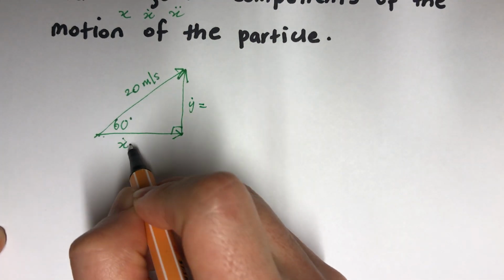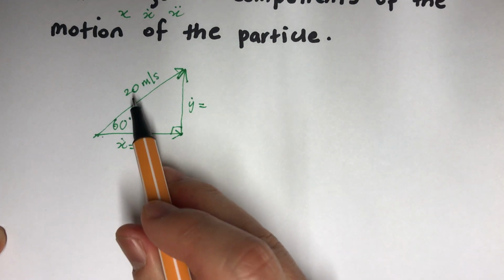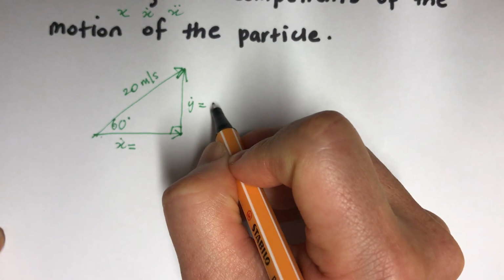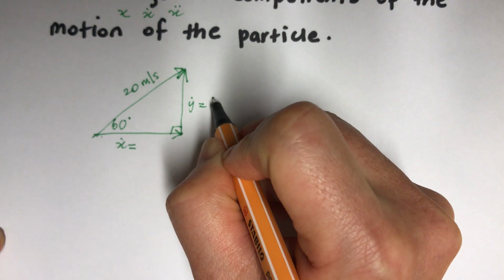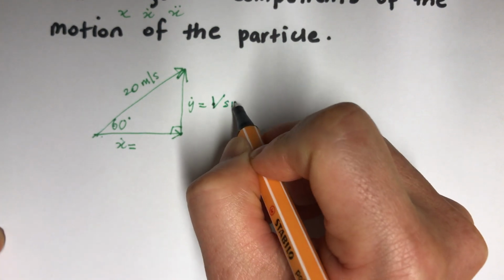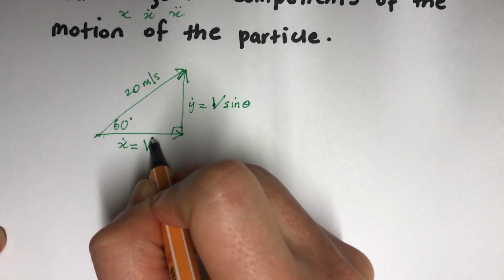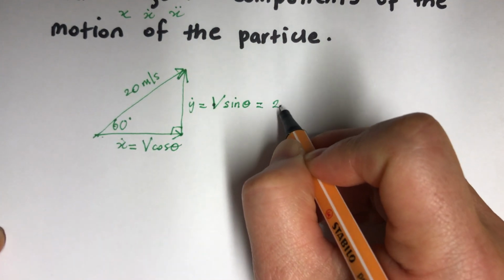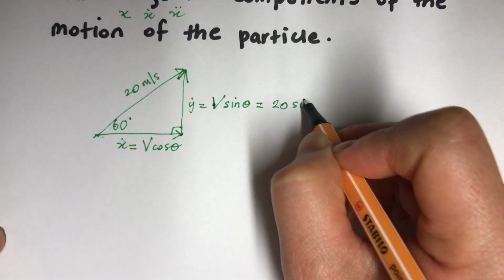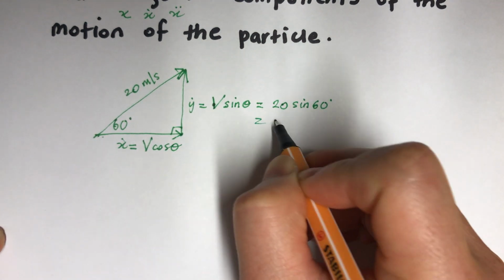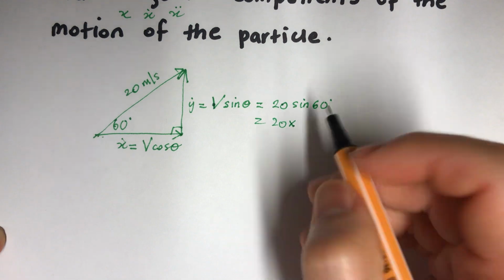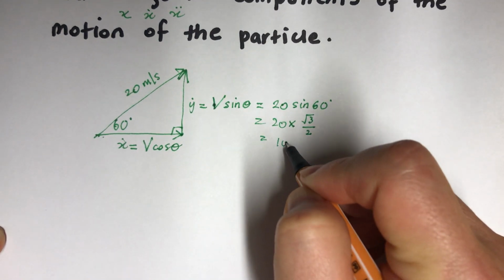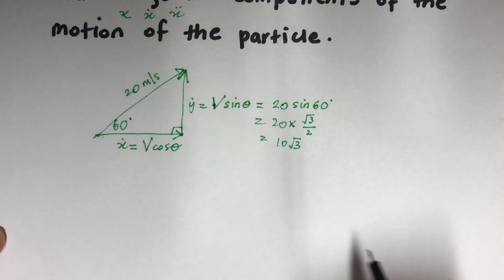Now we can work through, because we have an angle and a velocity. This one will be V sine theta, and this one is V cos theta. So I can write 20 times sine 60, which is 20 times root 3 over 2, which gives me 10 root 3.